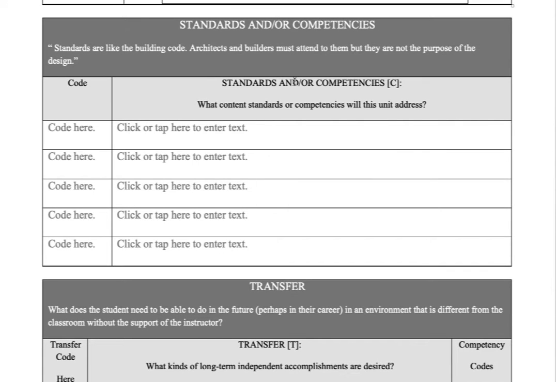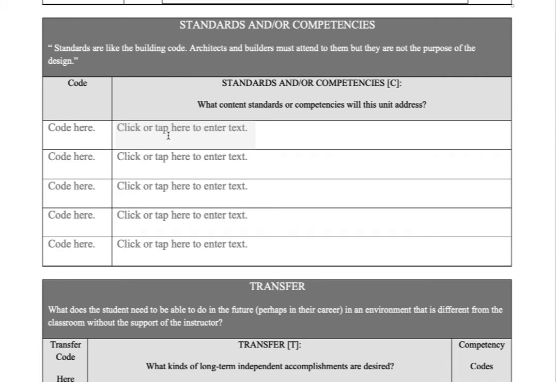Next, you're going to have a chance to type in the code and the actual wording of the standards and/or competencies. Because I am going to be teaching an Algebra 1 unit and the professional organization that I've chosen is the Common Core State Standards of Mathematics, I'm going to choose the Common Core State Standards codes and standards and competencies that I will be teaching in that particular unit, because the curriculum that I happen to be using for this unit actually is identifying that.